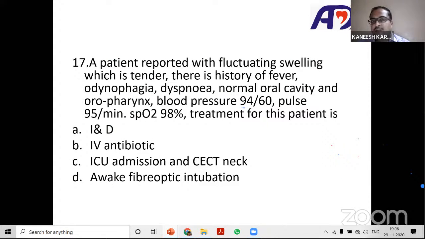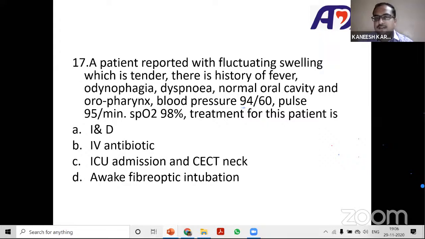Patient reported with a fluctuating swelling, which is tender. There is no history of fever, odynophagia, dyspnea, normal oral activity, and oropharynx. Blood pressure is 94/60, pulse is 95 per minute, SpO2 98%. Treatment of this patient. See, this is a huge question given to confuse you.